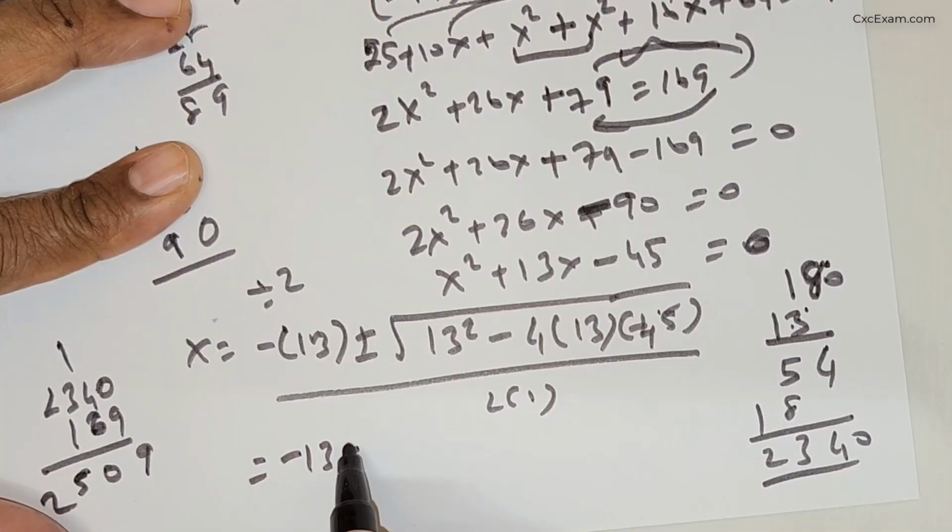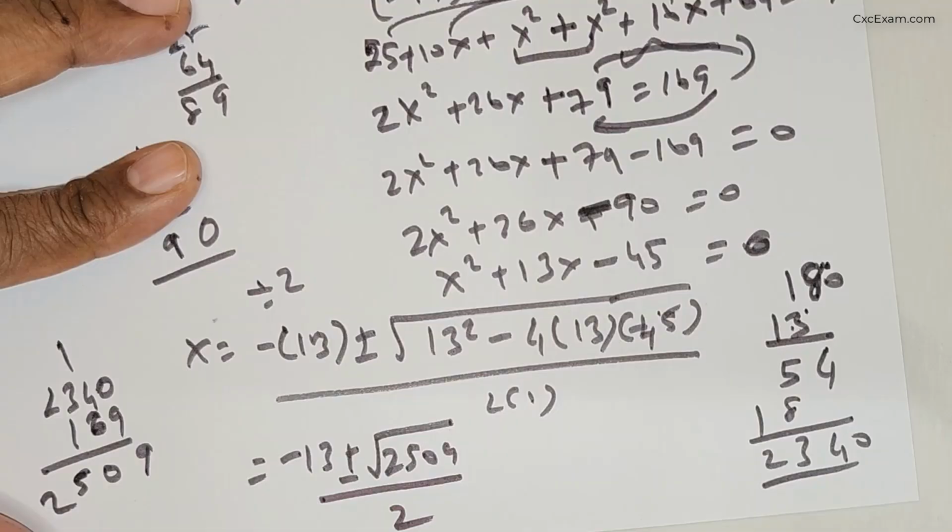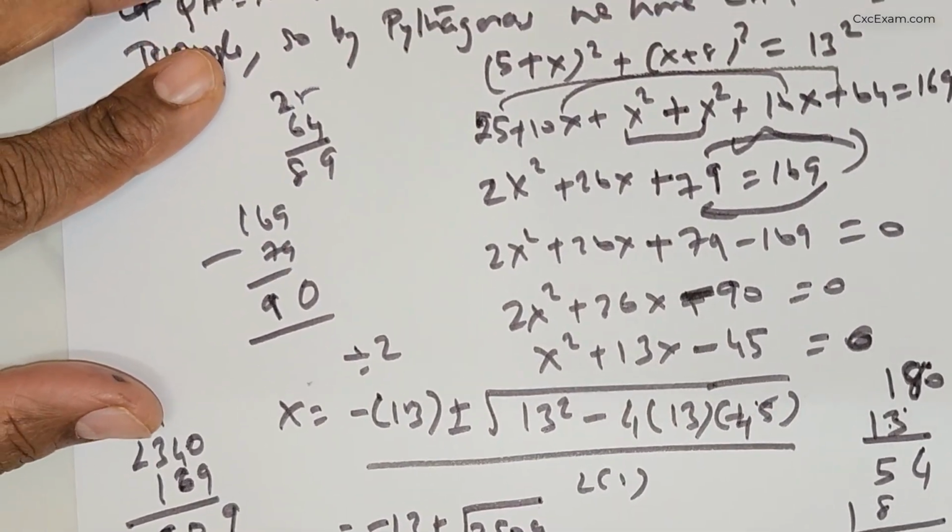So this is negative 13 plus or minus root of 349 divided by 2. This is the value of x.